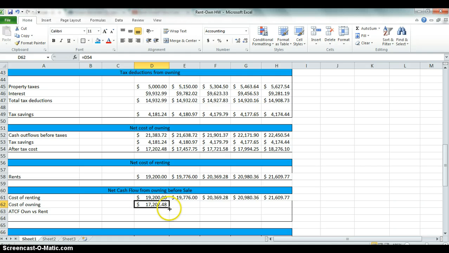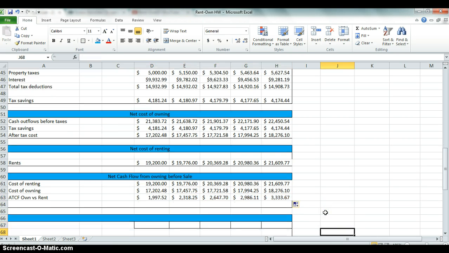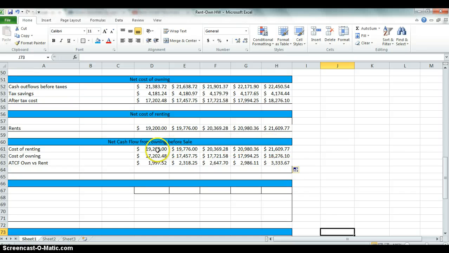We'll just drag it down, and now we can see that owning is apparently cheaper than renting, but we're gonna do more math here and do cost of renting minus cost of owning, which will give us our after-tax cash flow own versus rent. So by this we can see that our numbers in cost of owning are lower than our numbers in cost of renting.